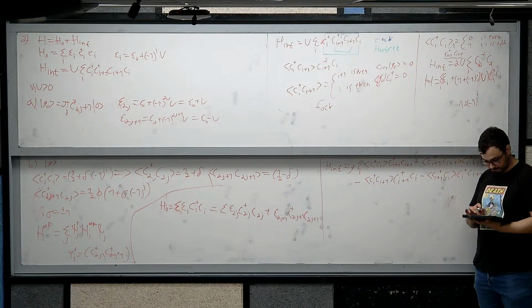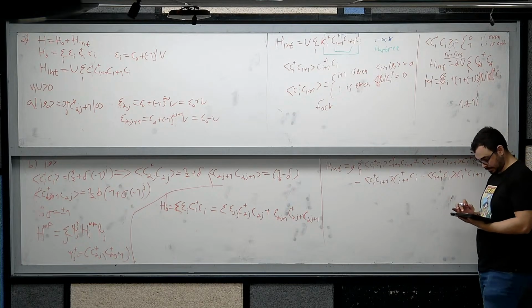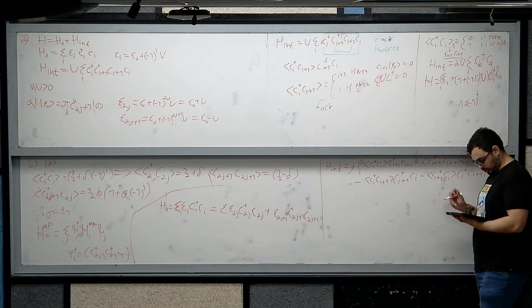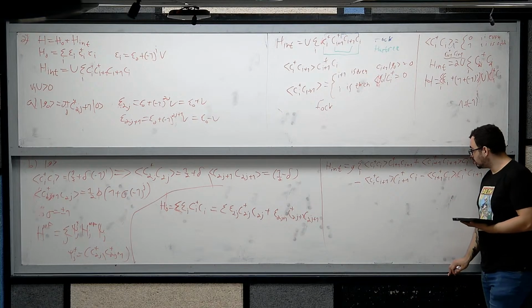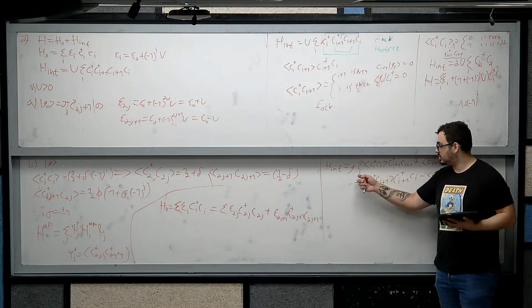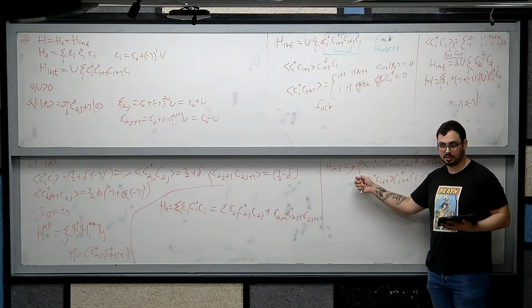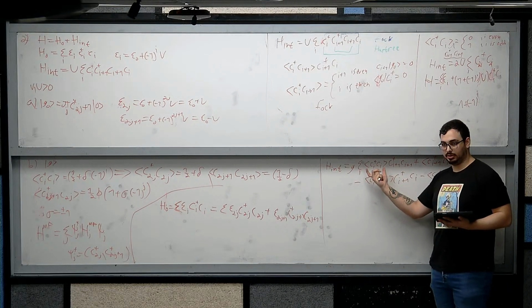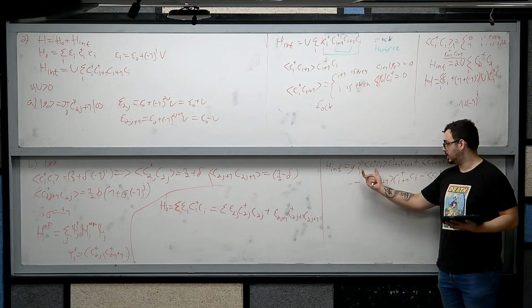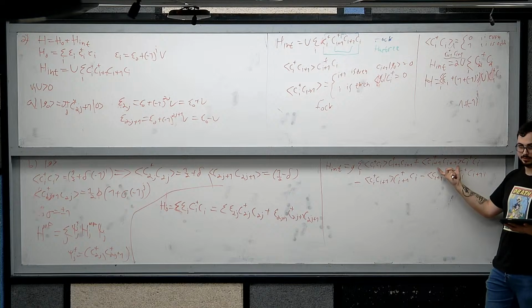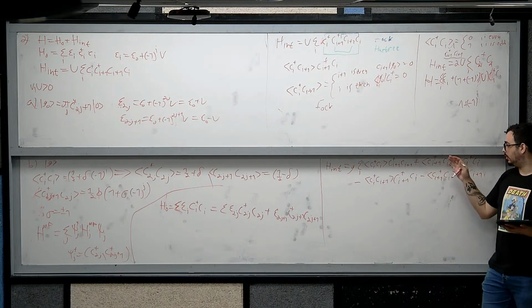Notice that when I is even, the first term will be even and the second odd, and when I is odd, the first term will be odd and the second term will be even. So we always have the two flipping terms.